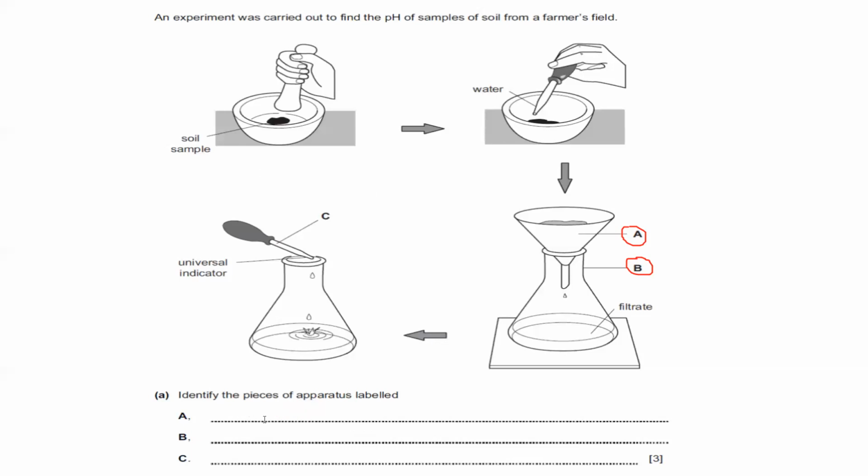So the first one was a funnel, the second one is a conical flask. And what about C? Yeah, that's right. Good. That's a dropper. Correct.